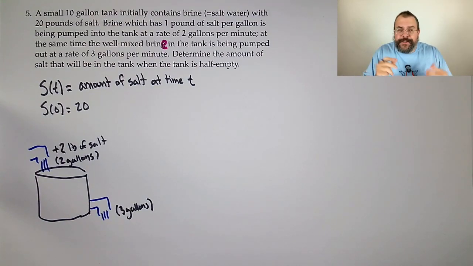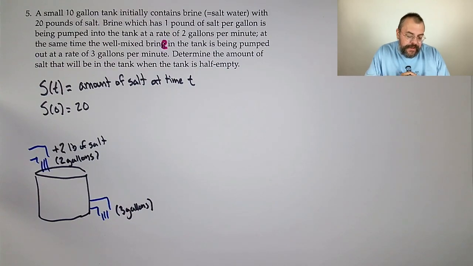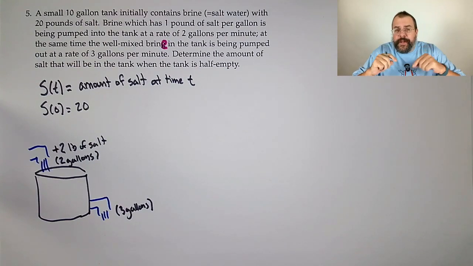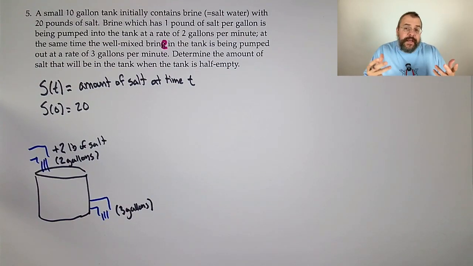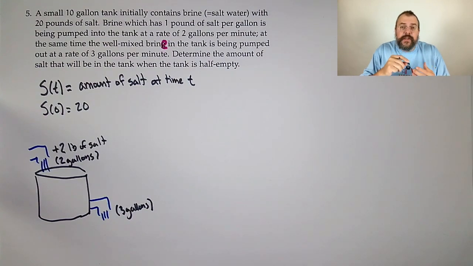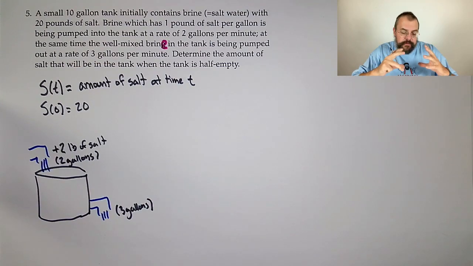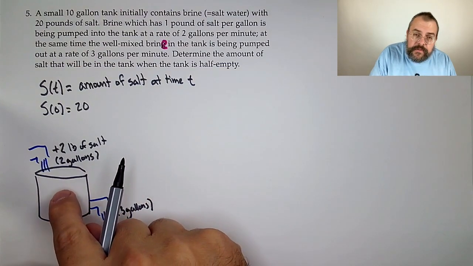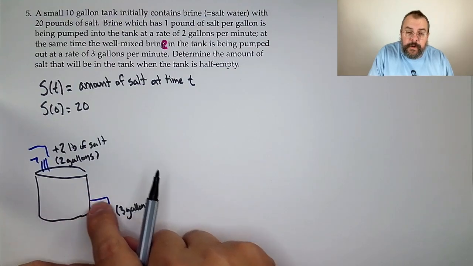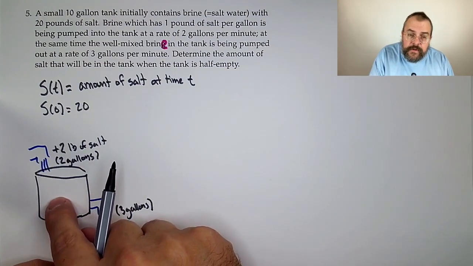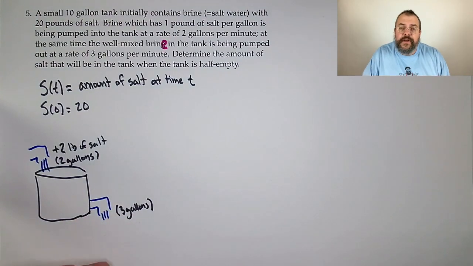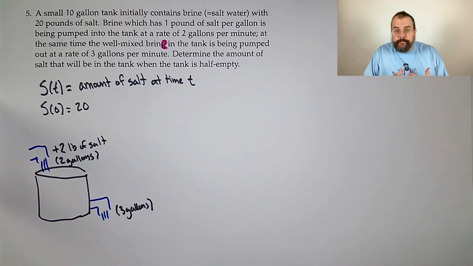You know, there's always that goal. Don't make mistakes. Okay, so we have to be careful here because the amount we lose depends on how much is in the tank. Because if we had a very salty fluid, well, we lose a lot of salt. If we have a very unsalty fluid, we would not lose very much.